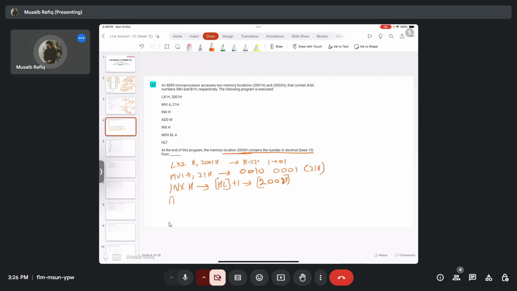Then I have ADD M, so this is adding the contents of accumulator to the data referenced by the HL pair. So HL is pointing to 2002. So 2002 contains which data? It contains B1. So that implies 21 hex will be added to B1 hex.